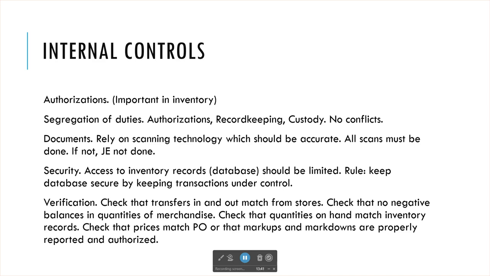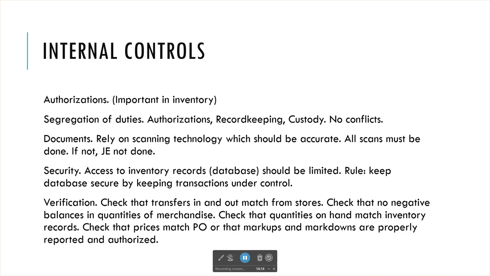We need to keep the authorizations, the record keeping, and the custody separate so that there's no conflicts. The documents should be, a lot of them, generated and relied upon the scanning technology, which hopefully makes it accurate. Sometimes you'll have systems where journal entries are required. You need separate security systems, security for the warehouse, because you're talking about custody, and that custody being separate from record keeping and authorizations.